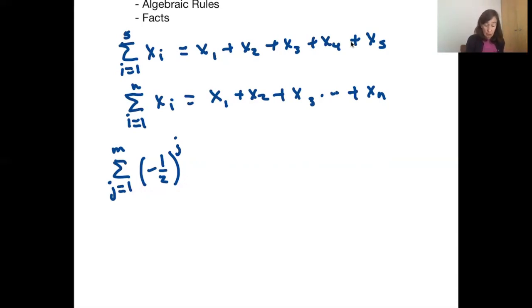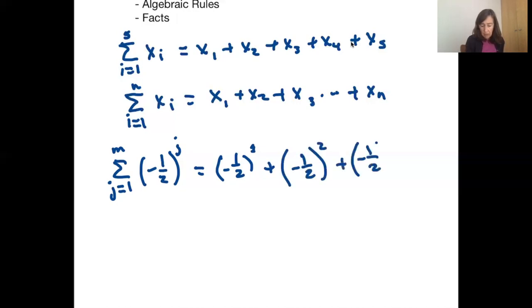So we're going to start with -1/2 to the first power, because that's what the summation symbol is telling us here. So we'll add the 1, even though that's kind of superfluous, plus (-1/2) to the second power, plus (-1/2) to the third power. When do we stop? We stop when we get to (-1/2) to the mth power.